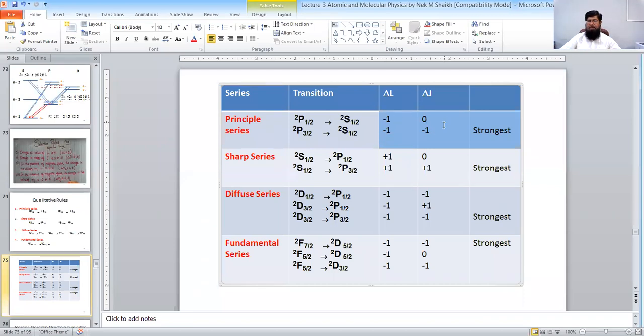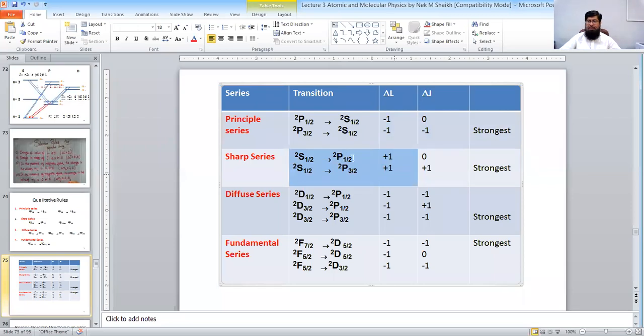Similarly, if we come to the sharp series, there it is 2s1/2, 2p1/2, 2s1/2, 2p3/2. Here, this is p, this is s. P means l is equal to 1, s means l is equal to 0. So 1 minus 0 gives you +1. So for both levels delta l is equal to +1.